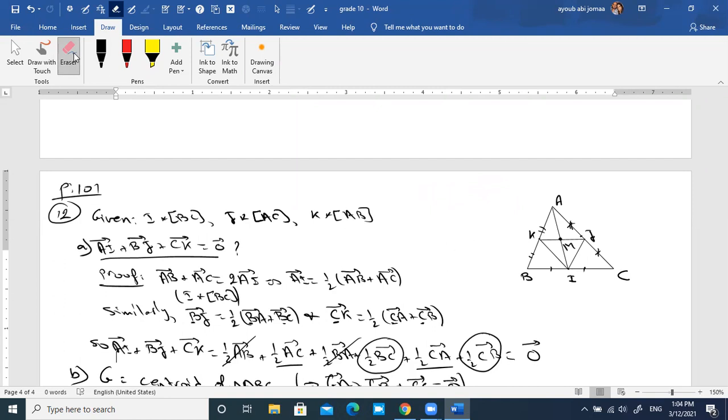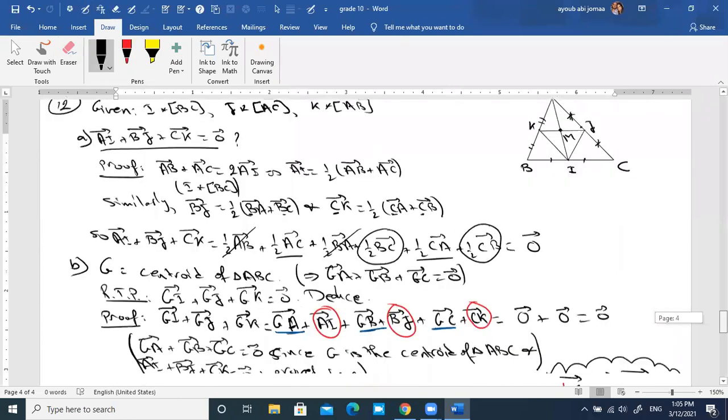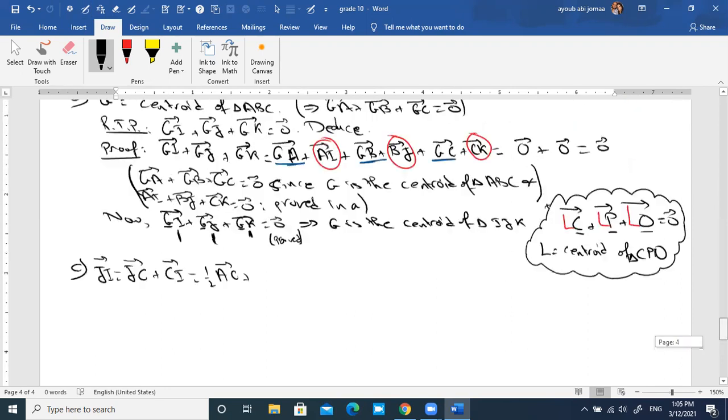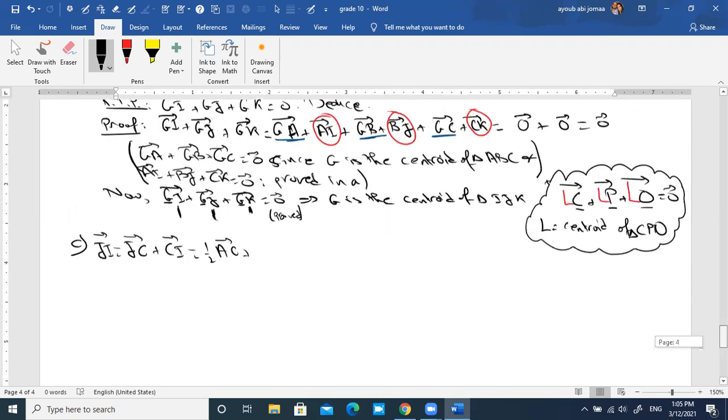I'm going to write the solution. So you have JI. I'm going to write it in detail without using the midpoint theorem or the reason midpoint theorem. We have JI that is equal to JC plus CI, which is equal to JC, half AC, and CI, half CB. CI is half CB, correct.